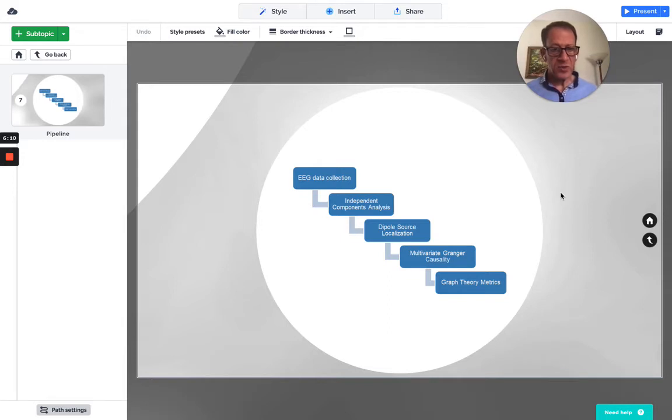Then to a procedure called multivariate Granger causality, which is a multivariate autoregressive technique that tells you the causal relationship between what happens at one source localization or dipole to another source localization or dipole.